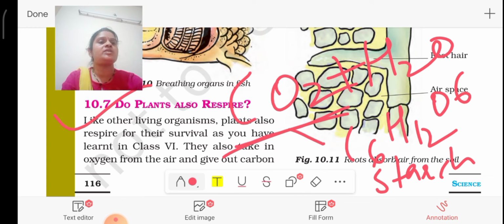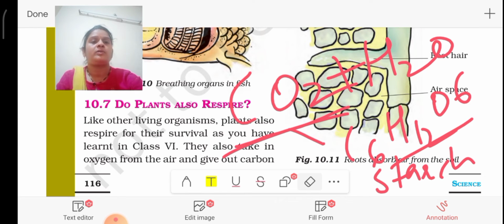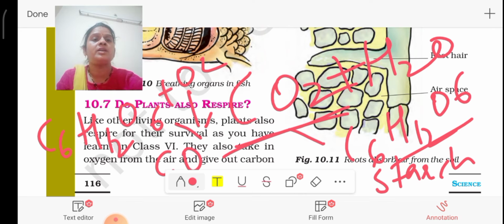This energy they get by the respiration process, where this glucose or starch, both are almost the same. Glucose is a simple form of starch. So C6H12O6 combines with oxygen and releases CO2.